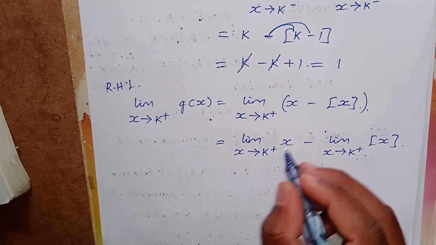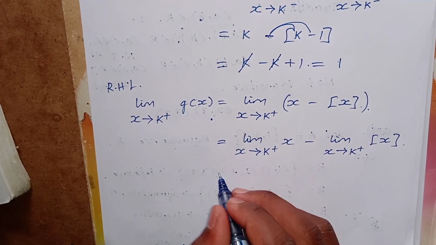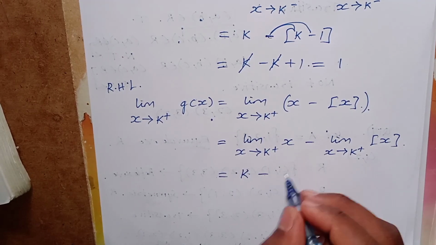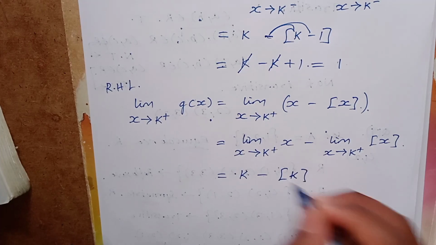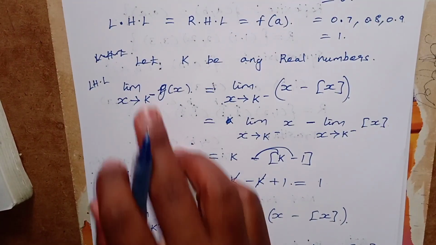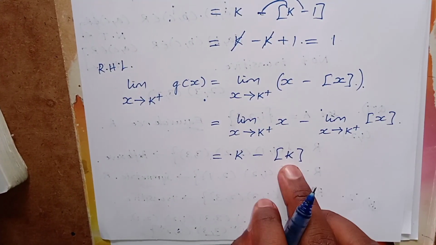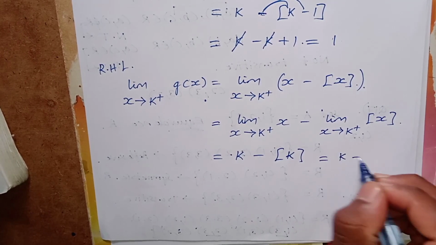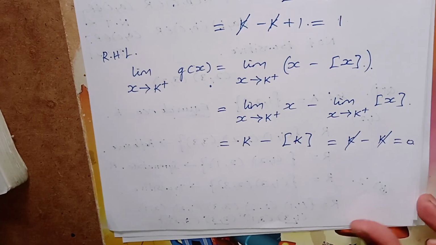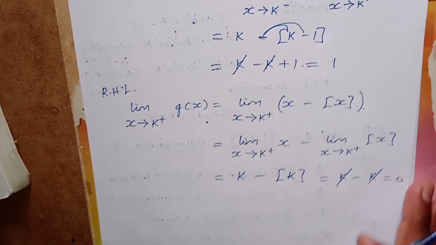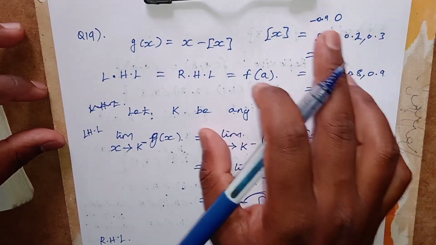Now apply the value of x, k, therefore k minus the greatest integer function. For less than you have to take k minus 1, but here you have to take only k, therefore k minus k equals 0. As we said already, if you choose 0.1 or 0.2 or 0.3 you will get 0.